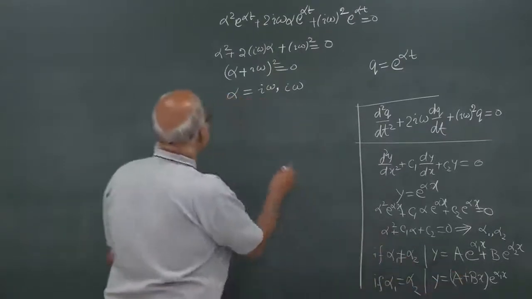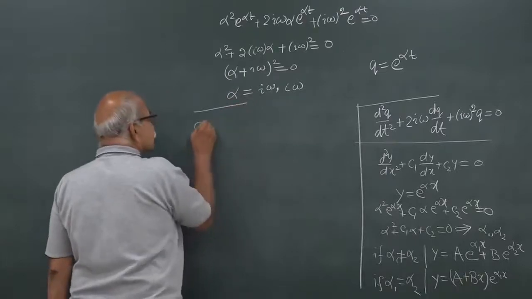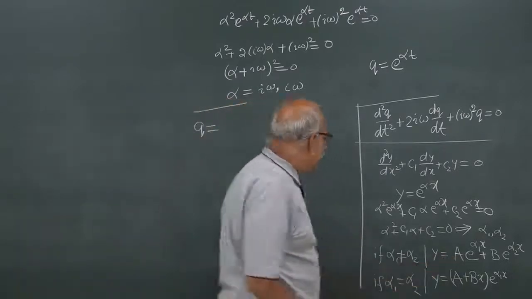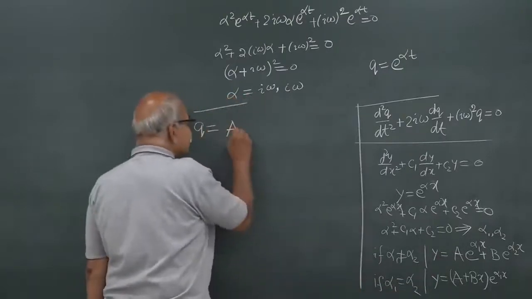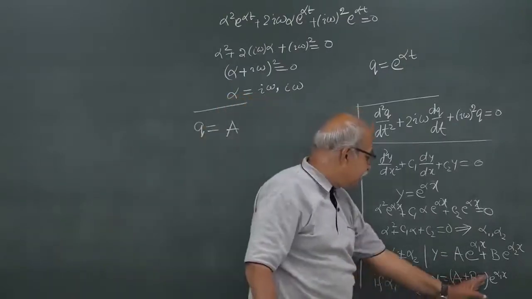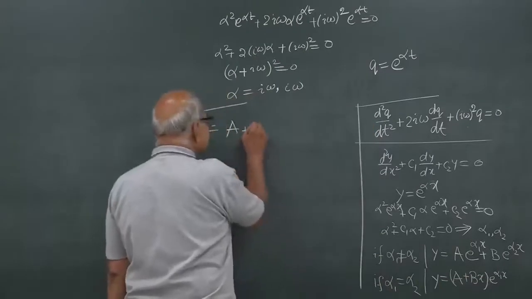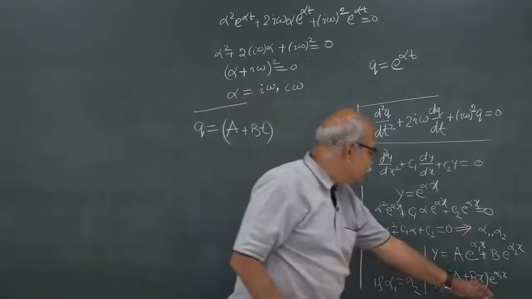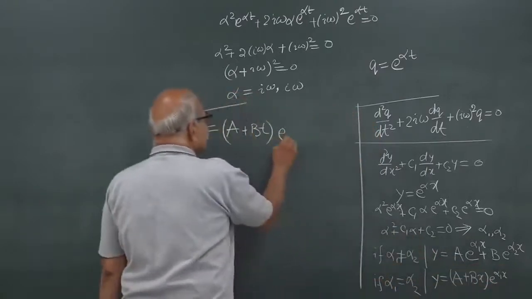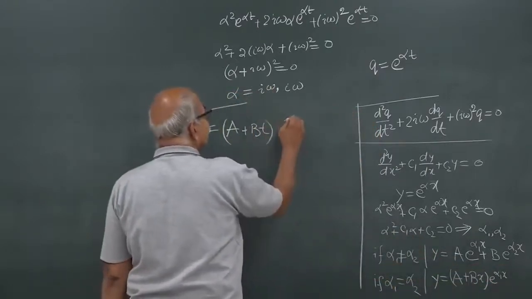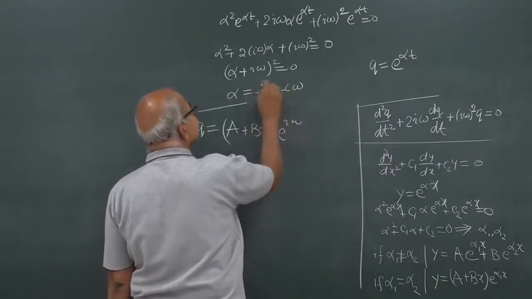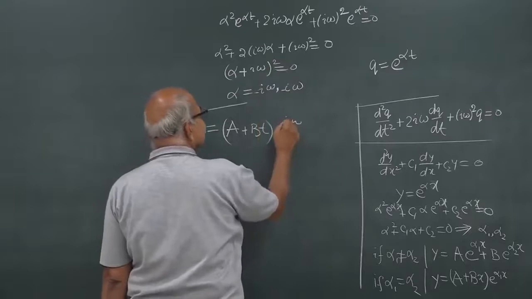My general solution will be q is equal to some arbitrary constant capital A plus capital B t, and then e to the power minus I omega t.